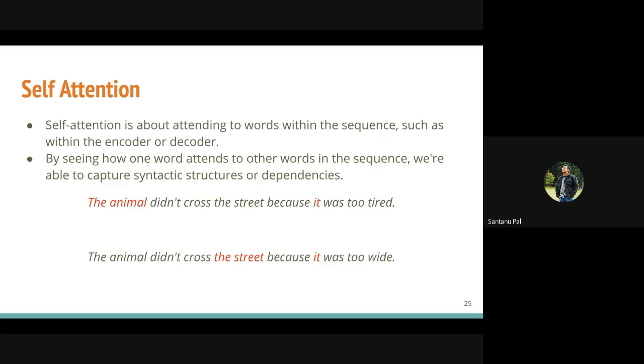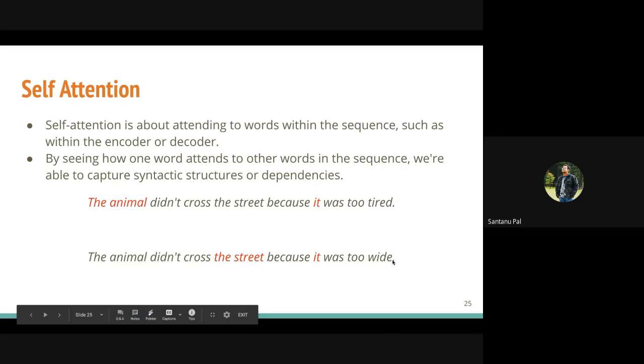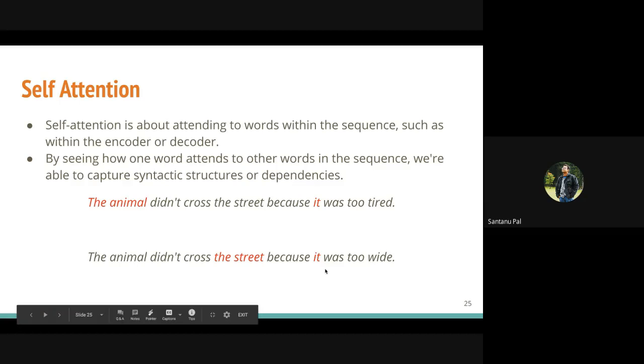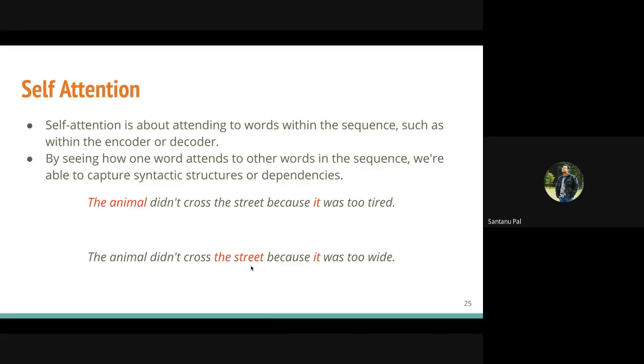If you just replace the word tired with wide, the animal did not cross the street because it was too wide, then it is referring to the object instead of the subject, the street.